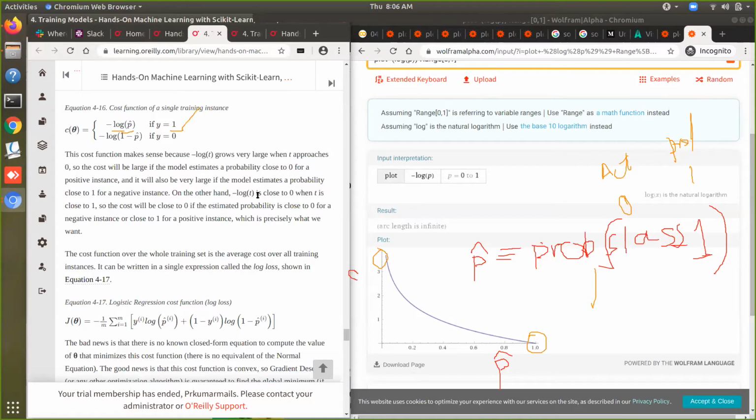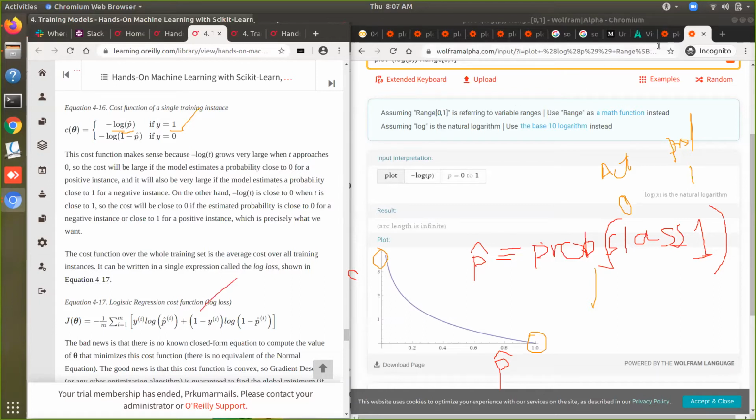If we have y equal to 1, we will be using this, and if we have y equal to 0, we will be using this. How are we sure that the final cost function with respect to our parameters is also convex?